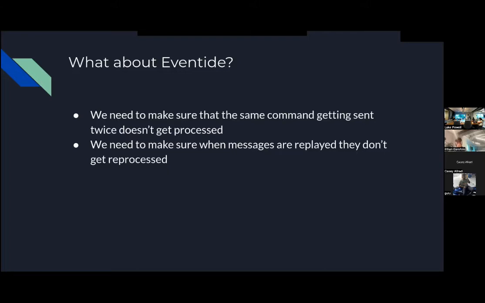If it's the same exact command getting sent twice, we don't want to run it twice. We just want to make sure it's just once. Also, as you pointed out, things happen where we restart our component or it restarts itself. And when we replay those messages, we don't want to process them again, right? So how do we do that?